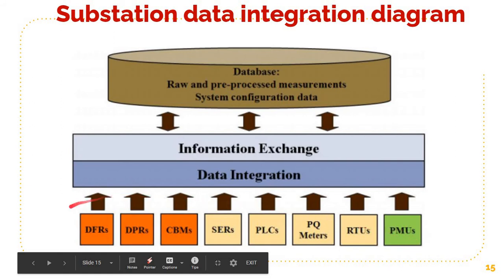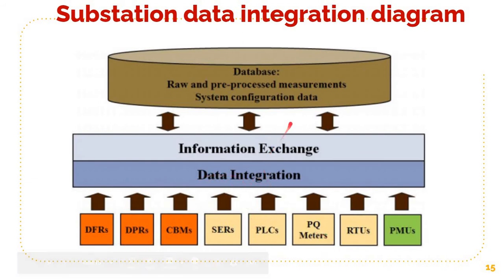So a large number of data is coming from all these electronic devices, and it is integrated, and finally it is used for either storing, monitoring or protection of devices.